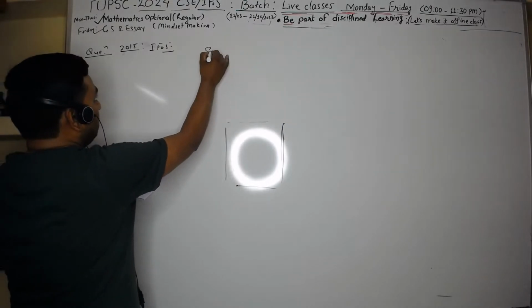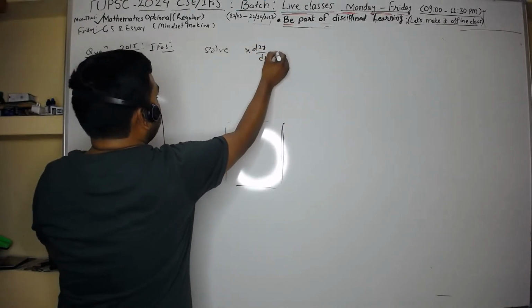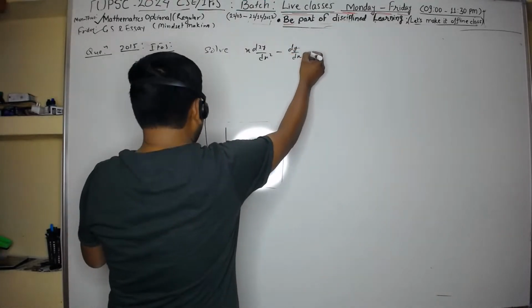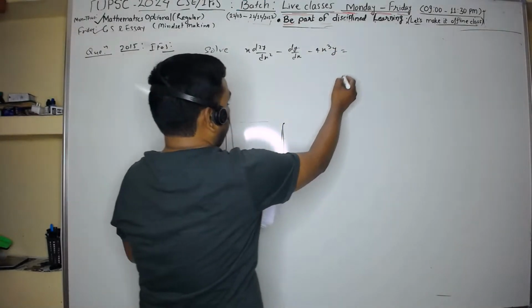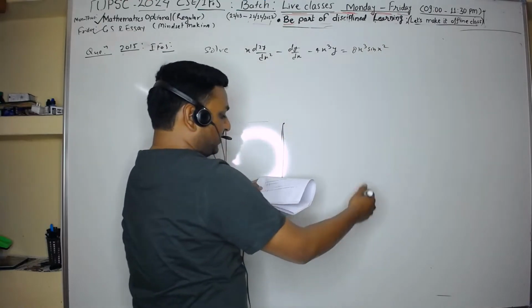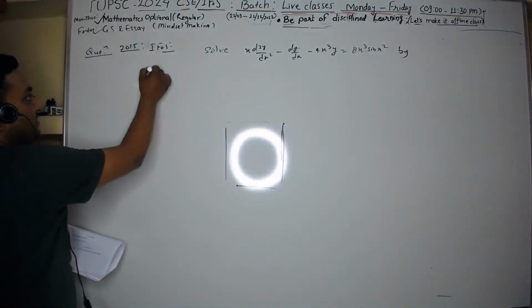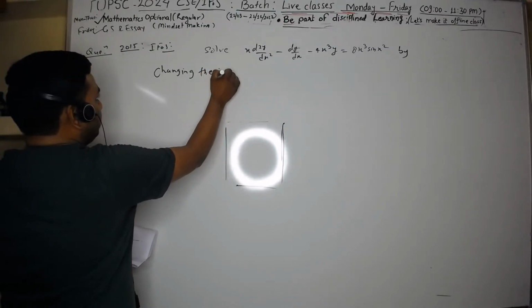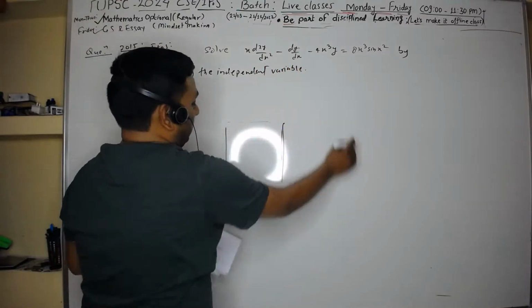They said solve x into d2y over dx square minus dy over dx minus 4x cube y equals 8x cube sin x square, by changing the independent variable.